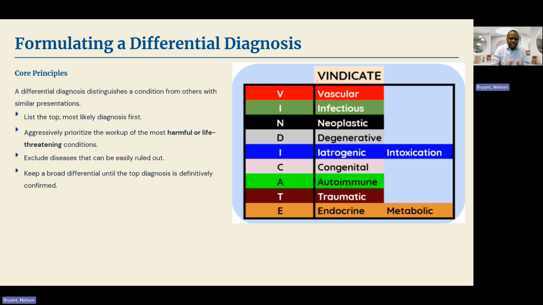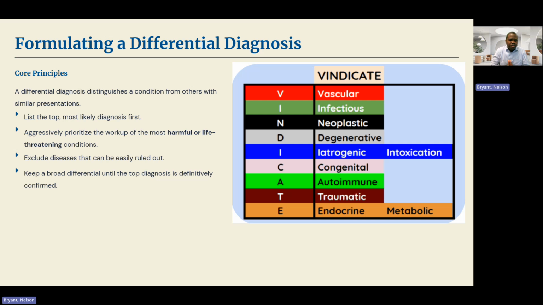So a differential diagnosis is more than a simple list. It's not just coming up with a list of diagnoses. It's about prioritization. For example, you always list your most probable, most likely diagnosis first, and then move on to the least likely diagnosis.